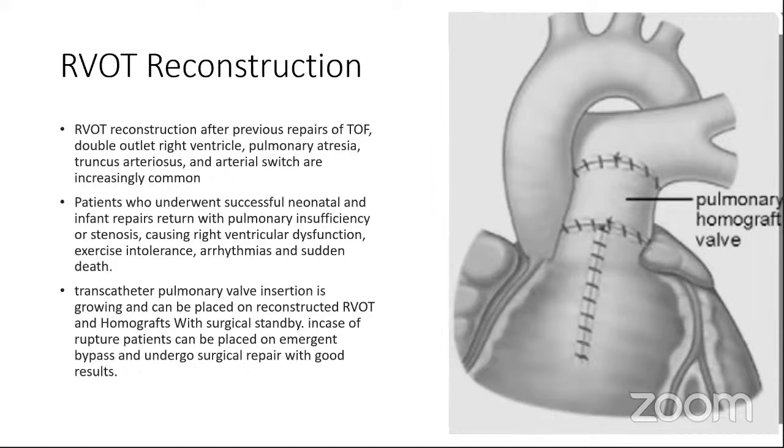These patients who underwent successful neonatal and infant repairs usually return with pulmonary insufficiency or stenosis, causing right ventricular dysfunction. They can also experience exercise intolerance, arrhythmias, and sudden death.